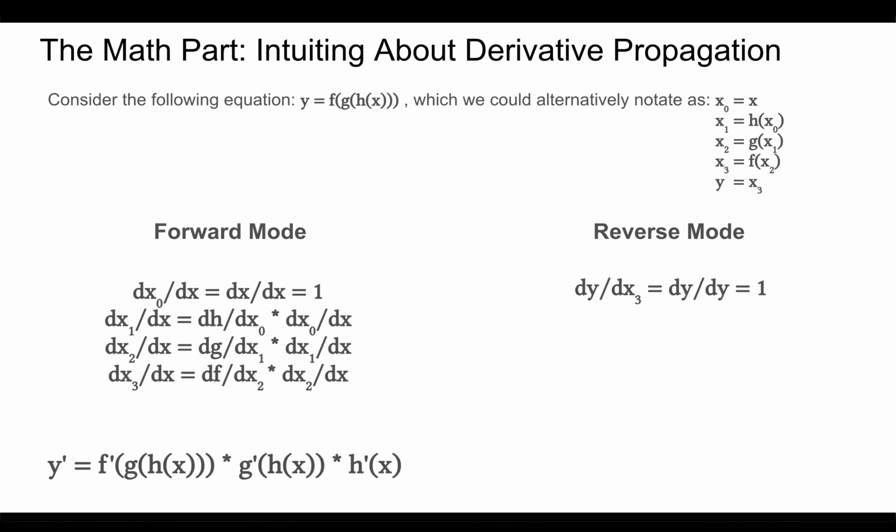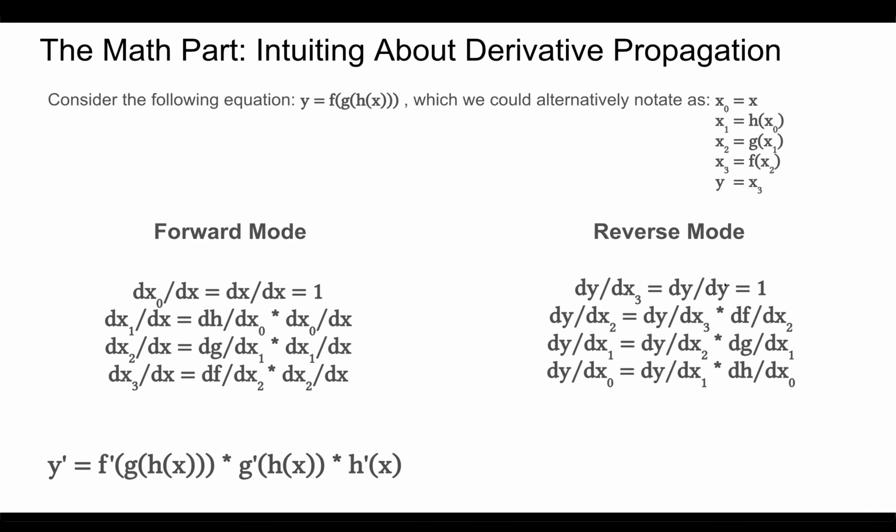We'll get the derivative with respect to x sub 2 by taking the derivative with respect to x sub 3 and multiplying it by the derivative of x sub 3 with respect to x sub 2. And just like in forward mode, we'll repeat the process, working our way backward through the entire function until we get to our initial input, x sub 0. So this flow carries the influence from the outermost function to the innermost in that direction. But at the core, what we're calculating is exactly the same.